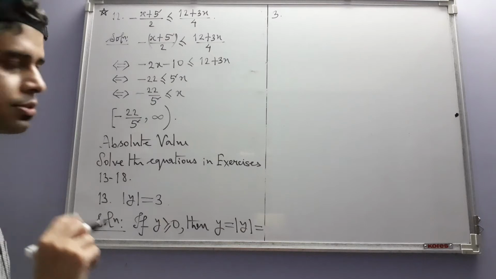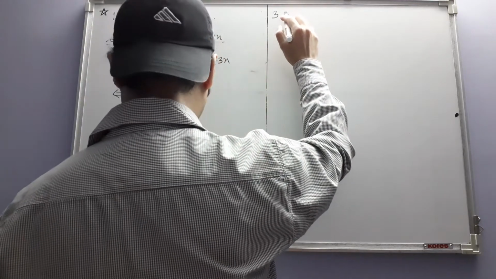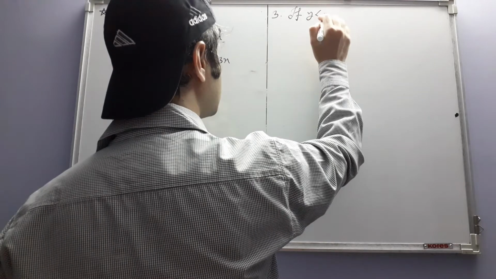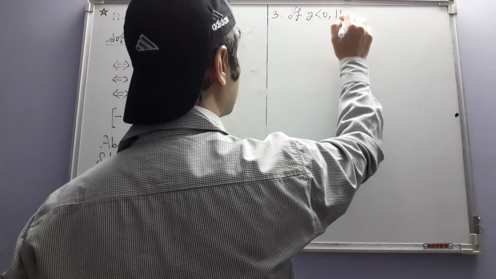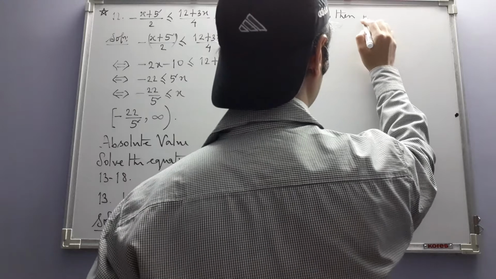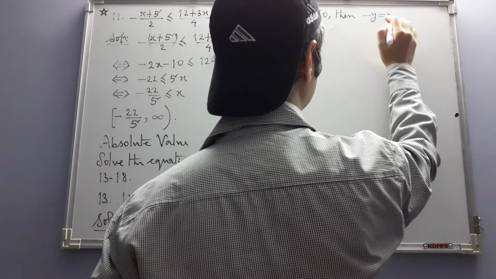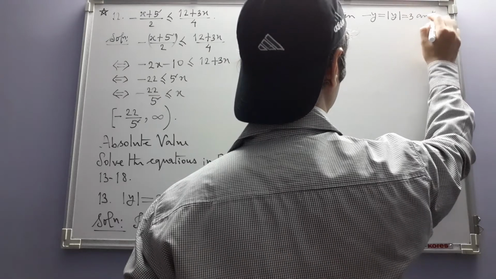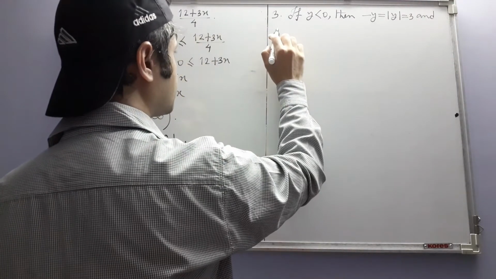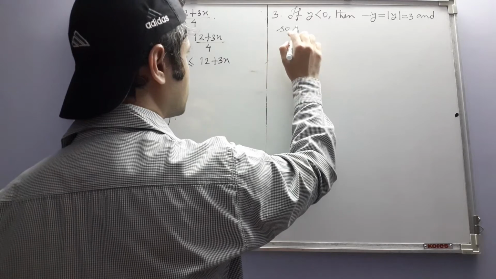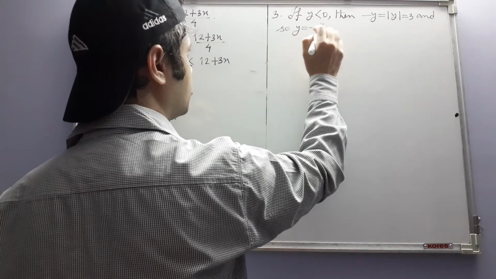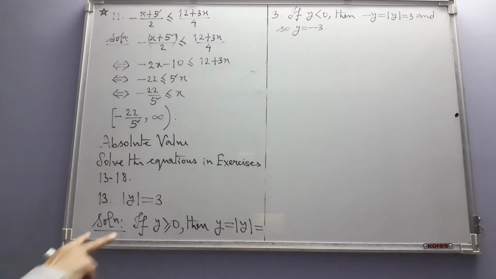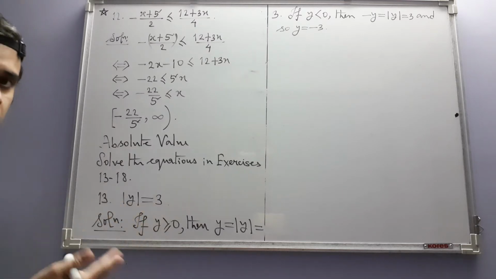So this is one solution, and if y is less than 0, then absolute value of y by definition is minus y, and in this case y is minus 3. So we have two solutions of this equation, 3 and minus 3.